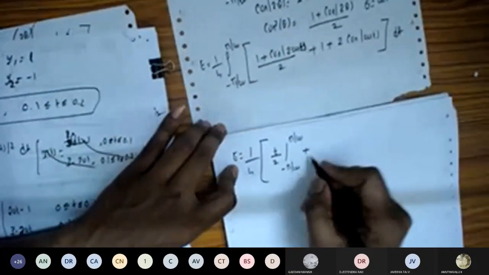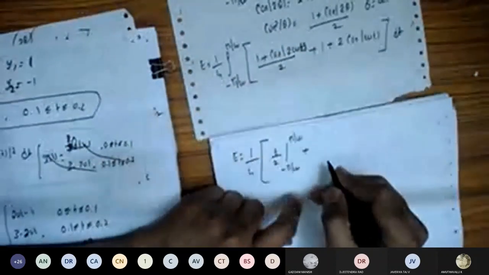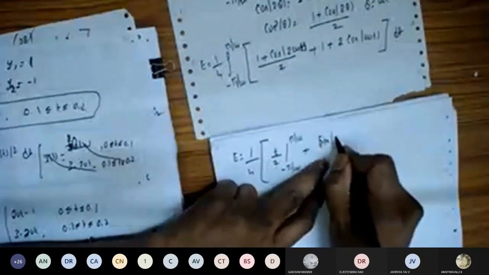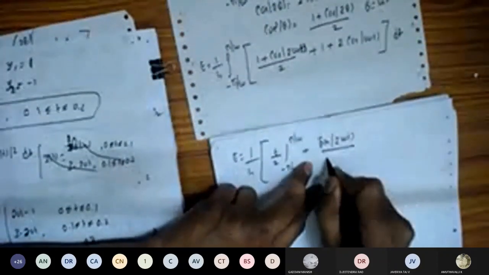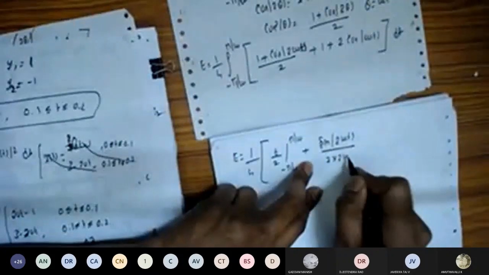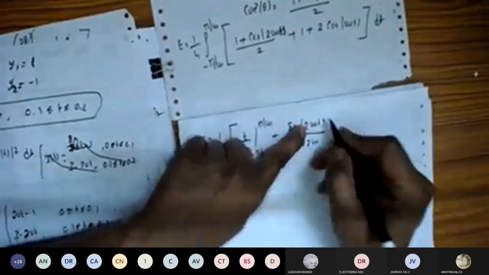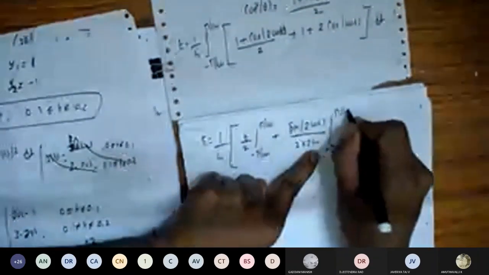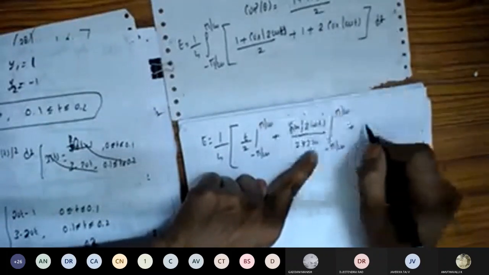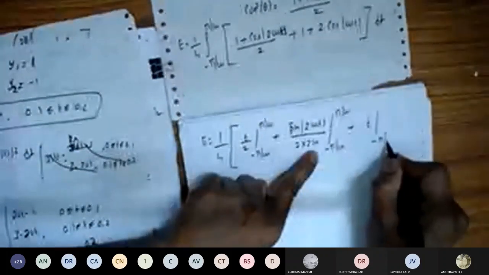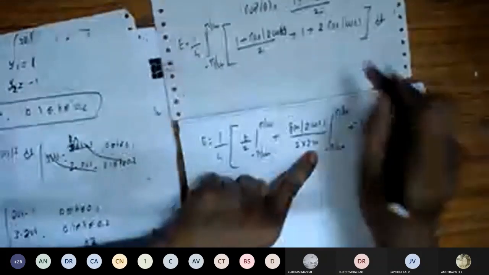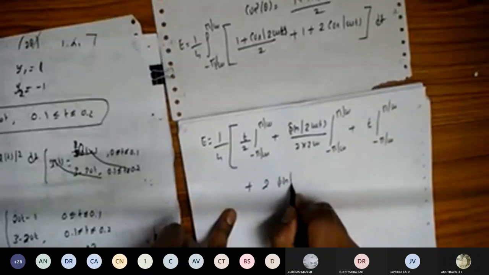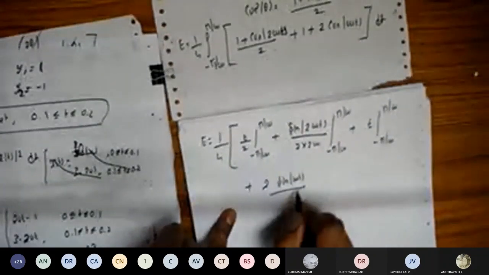Plus the integration of cos ax is sin ax by a, so sin 2 omega t divided by 2 into 2 omega, because we are integrating with respect to t. The limit is from minus pi by omega to plus pi by omega, plus the integration of 1, which is t, with the same limit. Next, the integration of 2 cos omega t is 2 sin omega t divided by omega.